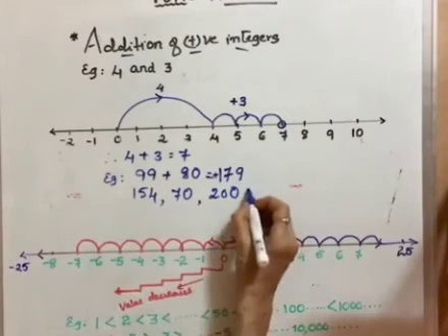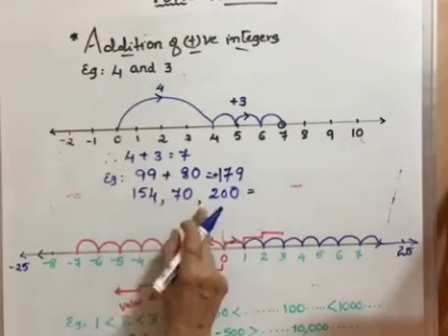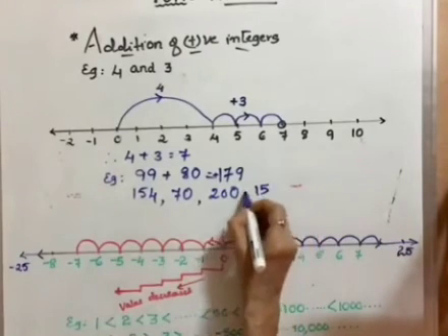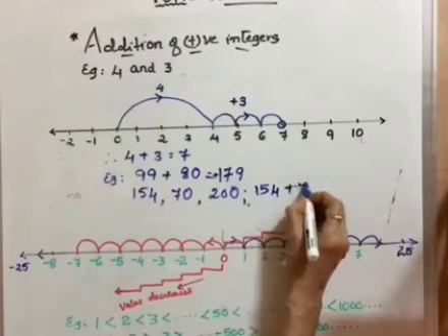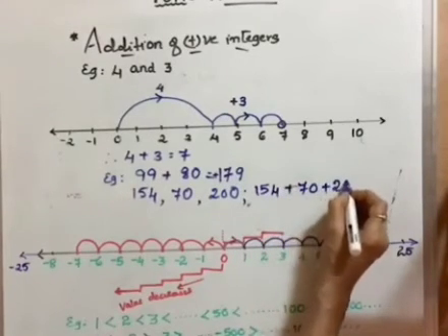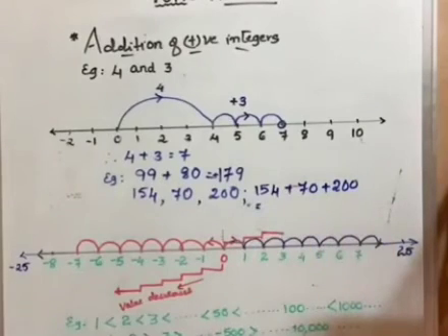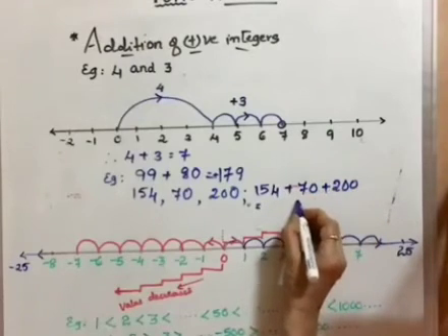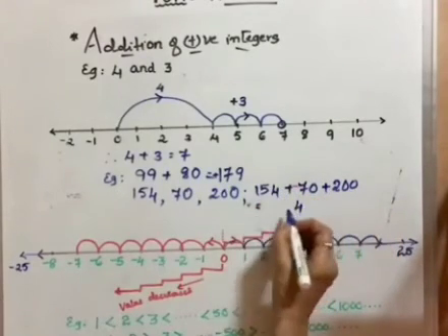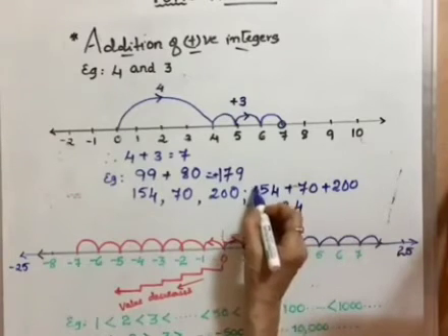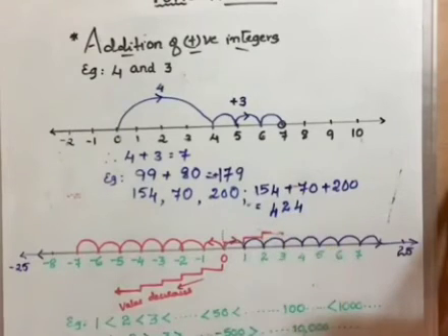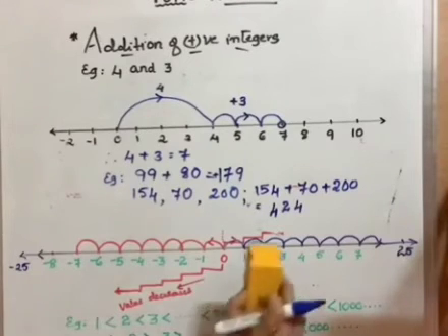Please insert the positive sign such as 154 plus 70 plus 200. What did you get? You have added all positive integers. So what is the sum? 424, that is positive. That means when you add two or more positive integers, the sum is positive.